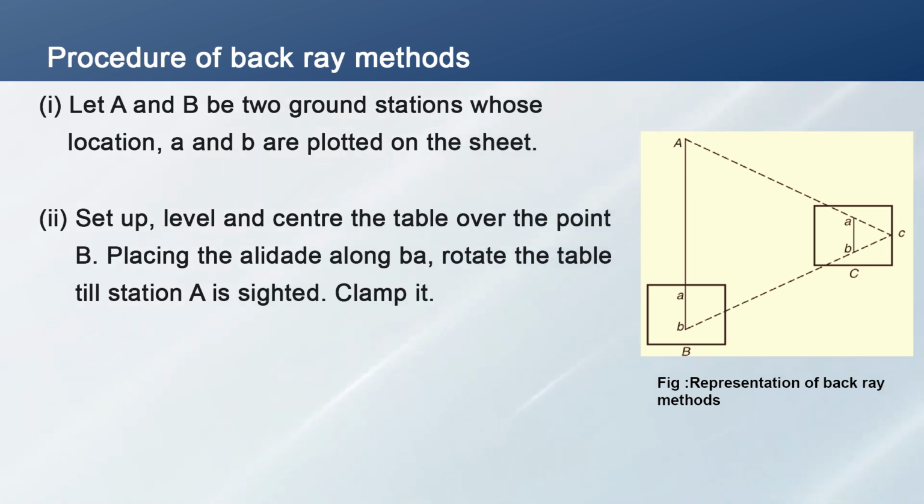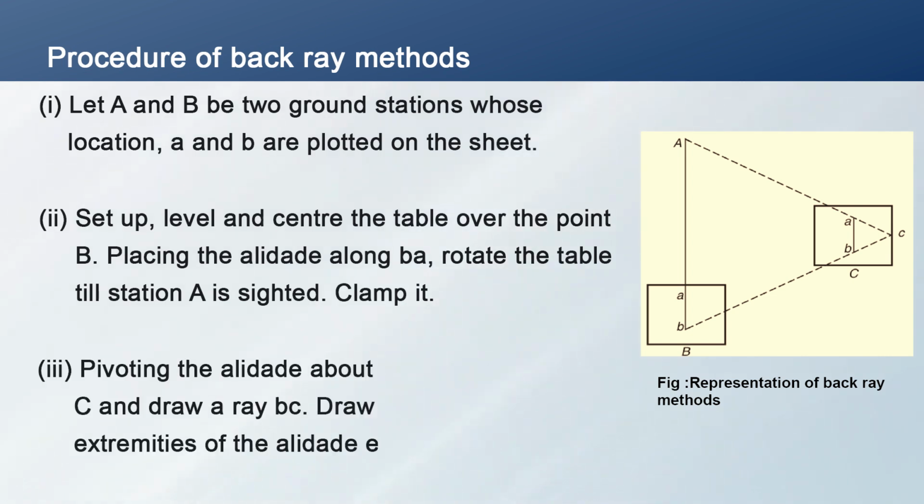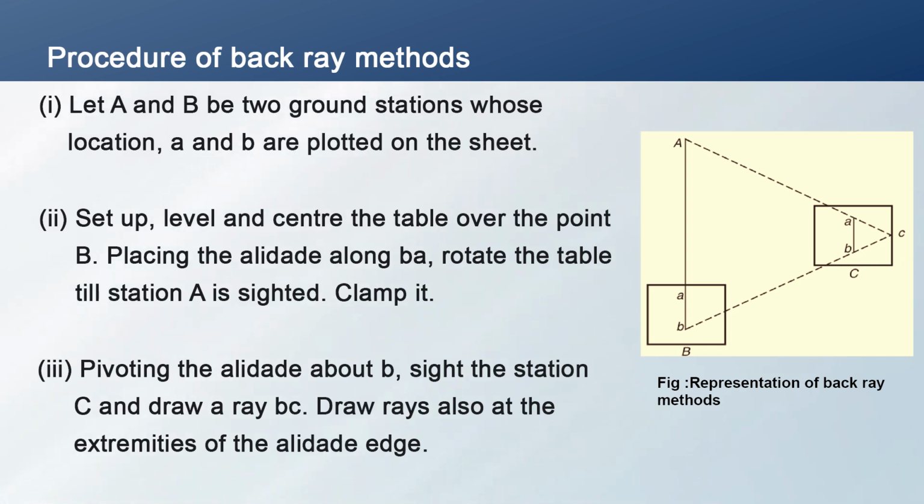Set up, level and center the table over the point capital B, placing the LED along small b and A. Rotate the table till the station capital A is sighted and clamp it. Pivoting the LED about small b, sight the station capital C and draw a ray small bc. Draw the ray also at the extremities of the LED edge.